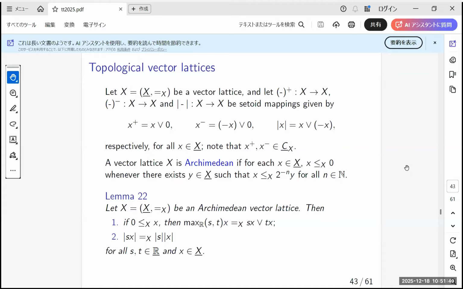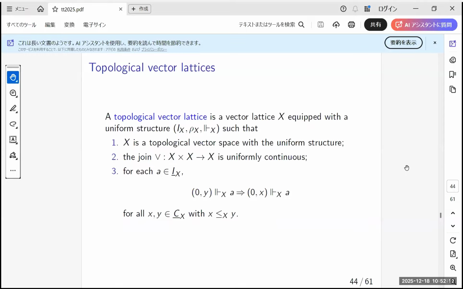Okay. Then we can show that an Archimedean vector lattice satisfies these two conditions. Lemma 22 holds classically for every vector lattice, but we need the Archimedean property to prove them constructively.